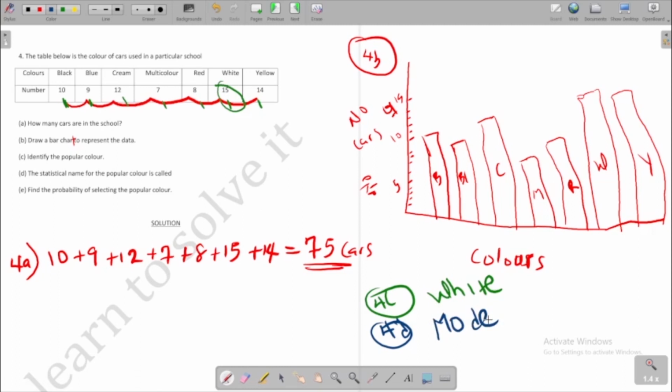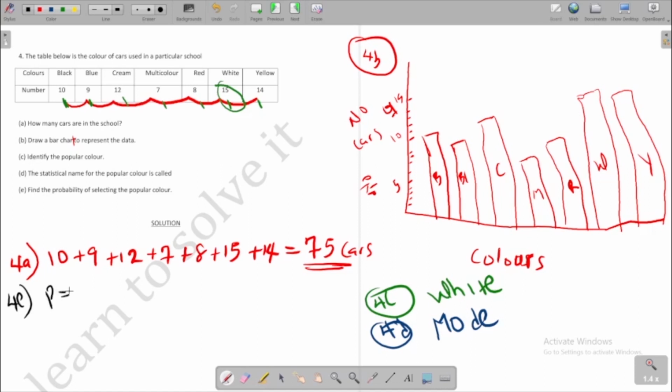Now the last question, 4E, says find the possibility of selecting the popular color. That is probability.